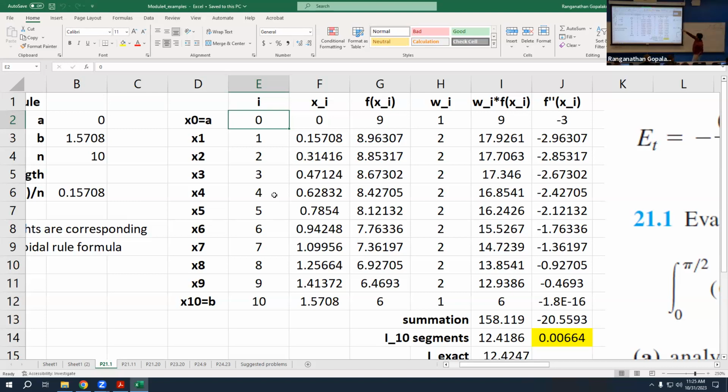That is what I'm showing here. First row 1, last row 1, everything in between 2. That is the formula that we have here. So you do the summation. This portion is what I call the summation here. So this portion is w of xi multiplied by f of xi for i equal to 0 to n.